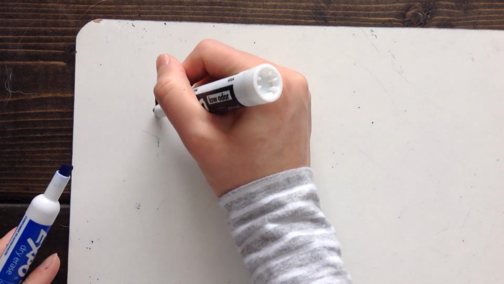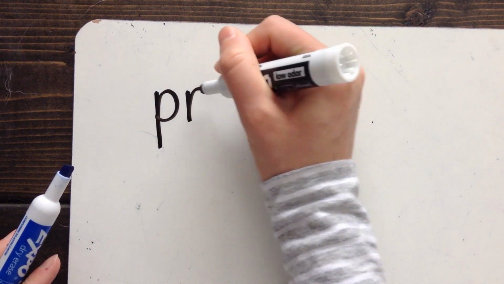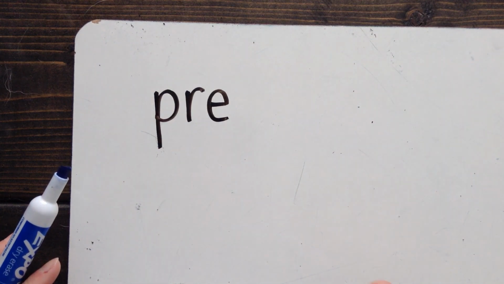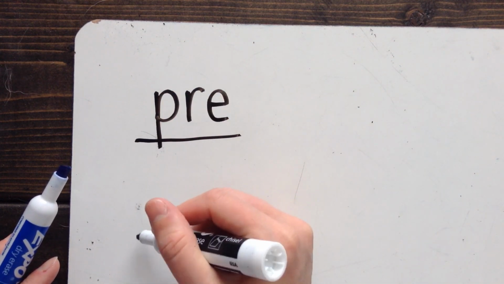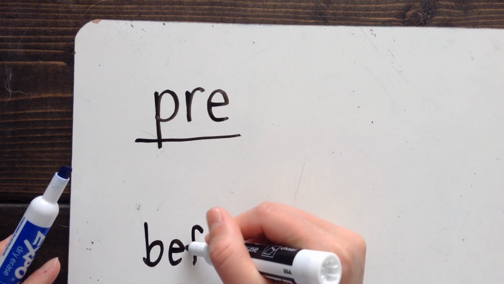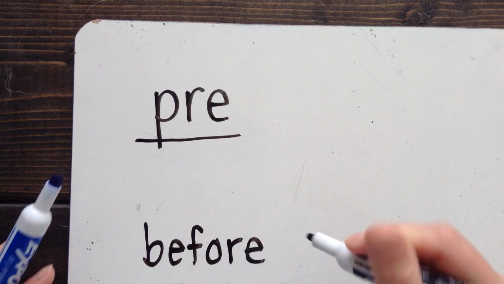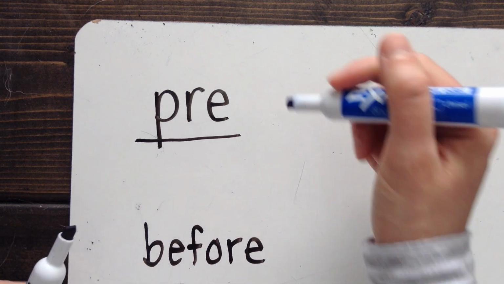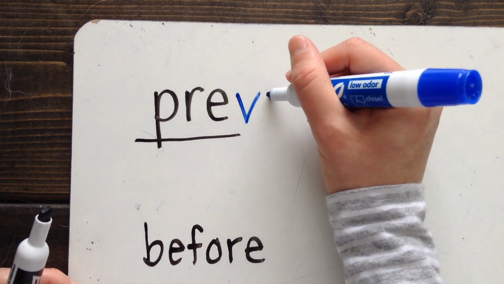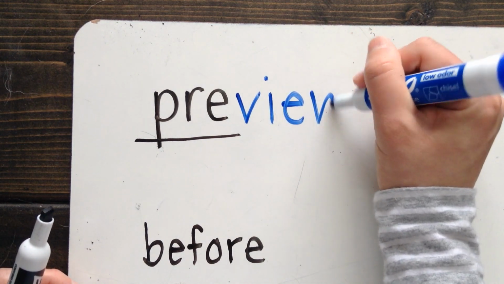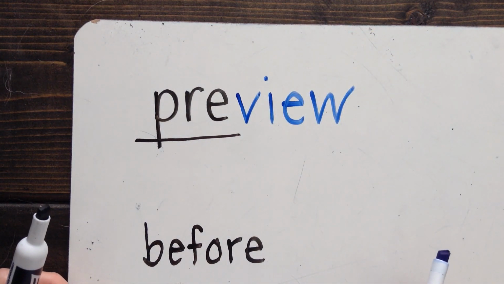Let's take a look at the prefix pre. The prefix pre means before. Let's make a word with the prefix pre. This is the word preview.